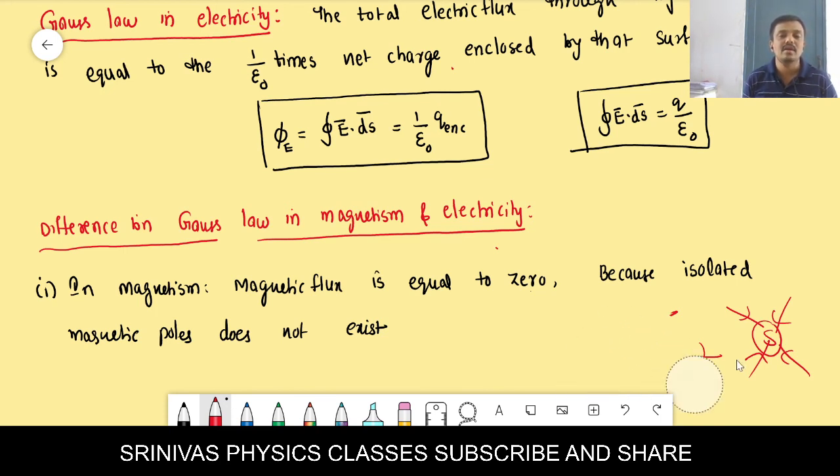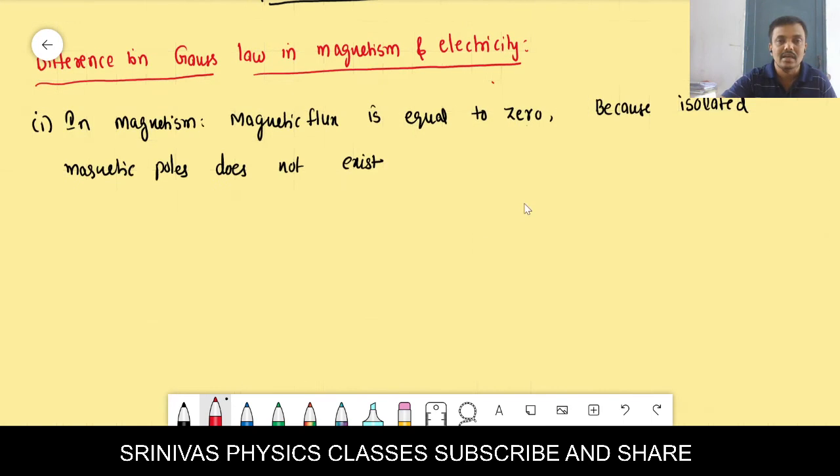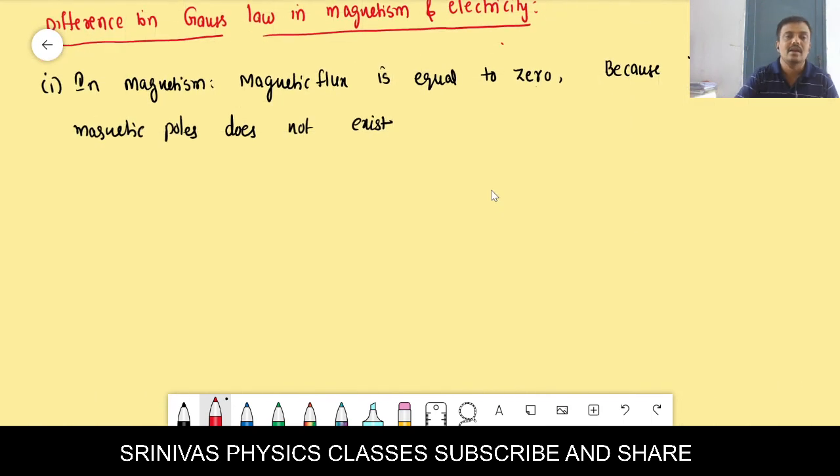So one thing you remember: if two poles are there, due to one pole the lines leave, and due to the other pole the lines enter. That's why total magnetic flux is always equal to 0. This indicates that isolated poles do not exist. Isolated means only a north pole or only a south pole does not exist.